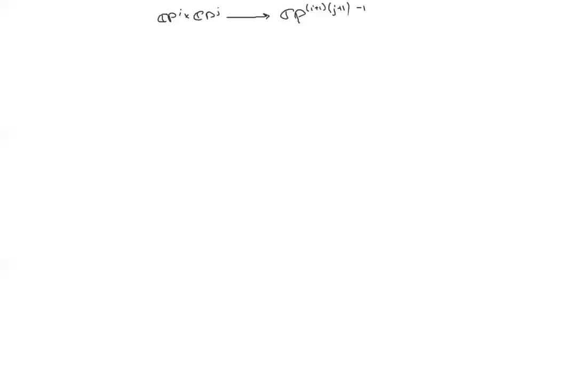Hope I'm right. And the preimage of a general hyperplane here is a smooth hypersurface in the product, denoted by H_ij.